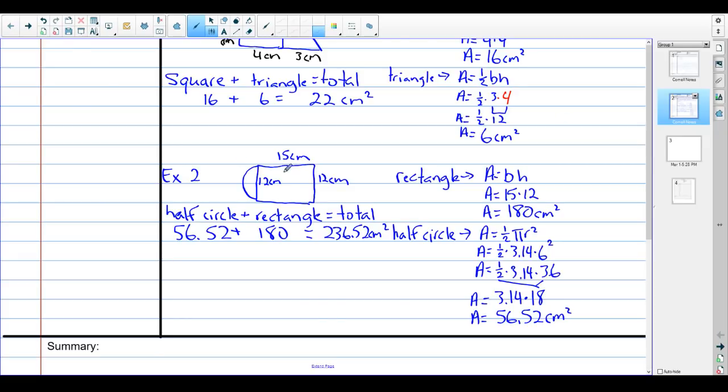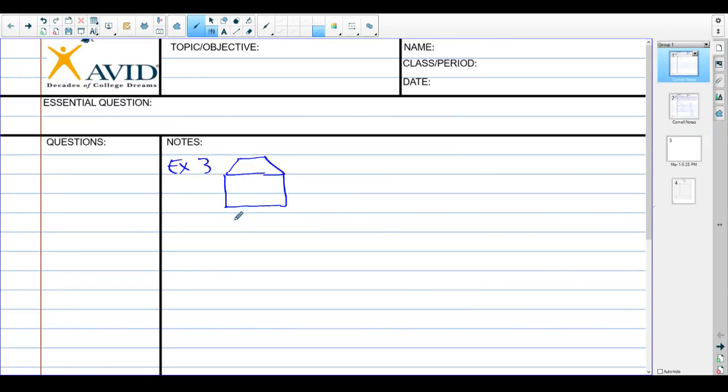Okay, moving on. Example 3. Trapezoid on top of a rectangle on top of a triangle. This is 5. Somehow this is 6, even though it looks smaller. This is meters. 7 going across.